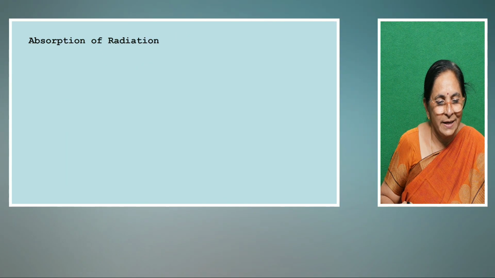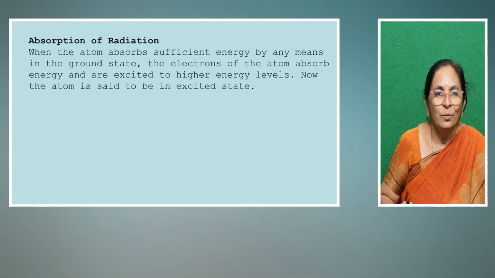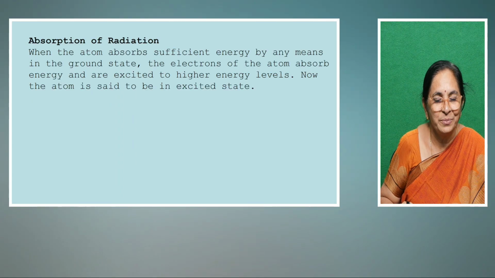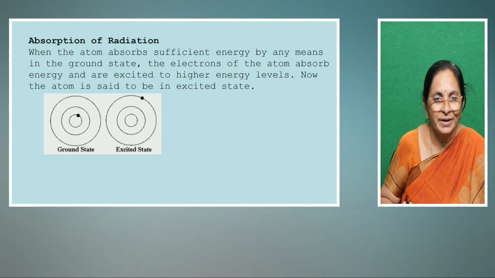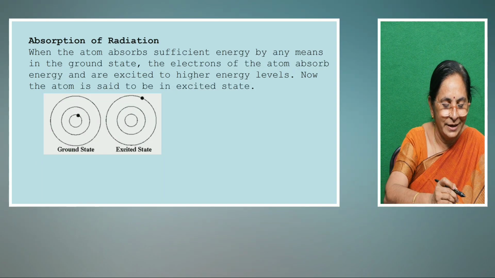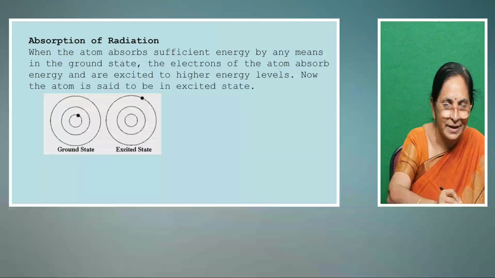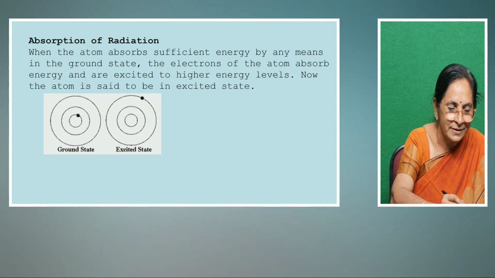Now let me explain certain phenomena. What is absorption, what is emission, what is spontaneous emission, stimulated emission, and so on. So what is absorption of radiation? Let us ignore the presence of the nucleus and take the energy levels alone. Here this electron is in the first orbit.